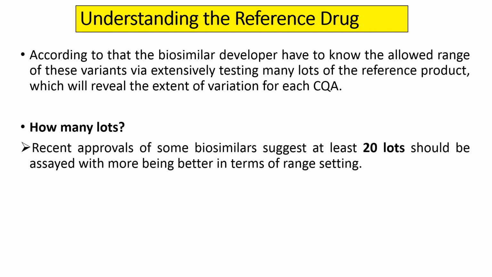So the minimum is 20, more, let's say it in Arabic, خير وبركة. Yeah, so recent approvals suggest 20 lots of the reference product should be tested for the variants in order to know the allowed range of these variants.